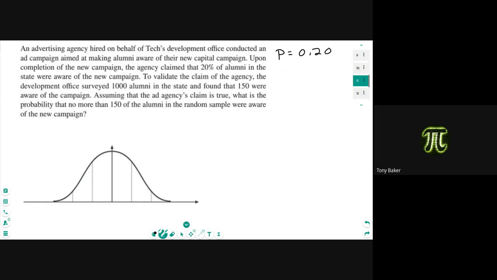They surveyed 1,000 people, so my N is 1,000. And they found 150 were aware of the campaign.